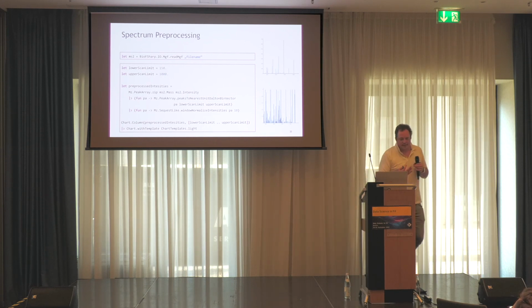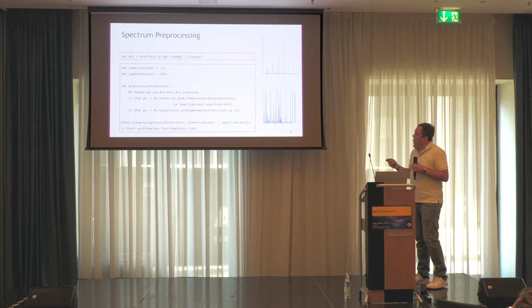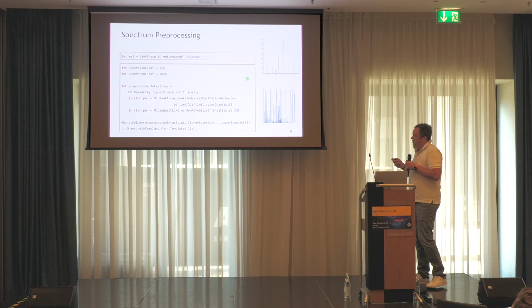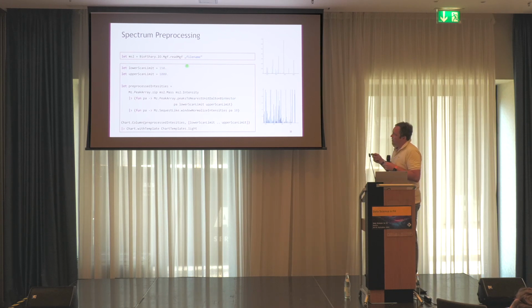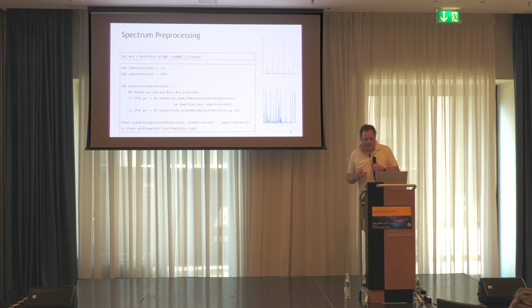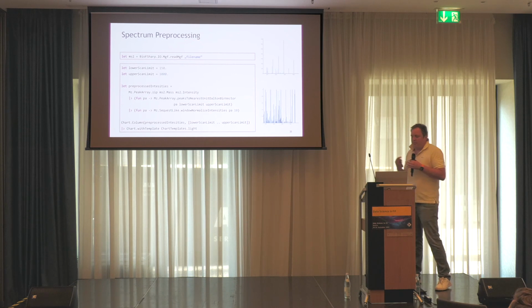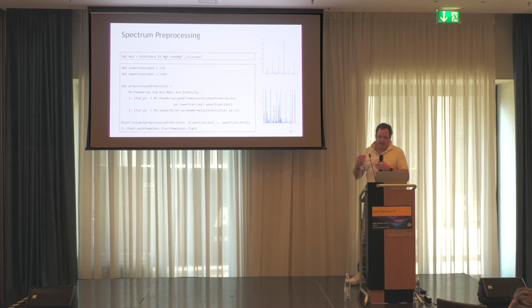So we get some file, which if you plot it, looks like this. So this is a real-world spectrum from the measurement device. We know the scan limits, so we know from where to where the machine can give us the correct weights. And what we then do is pre-process it, and there are various methods of pre-processing this kind of spectra.